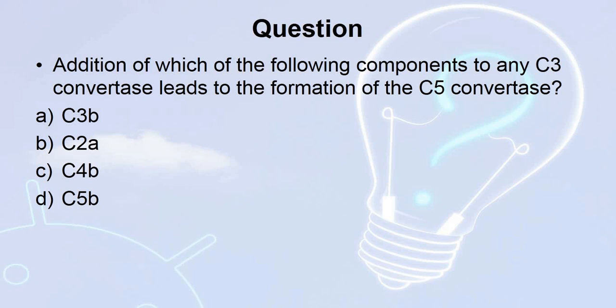Students, all these are entrance examination questions. This time I am really impressed with your class. Everyone has gone with option A, and yes, option A is the right answer. C3b, right, they form C5 convertase. So option A is the right answer.